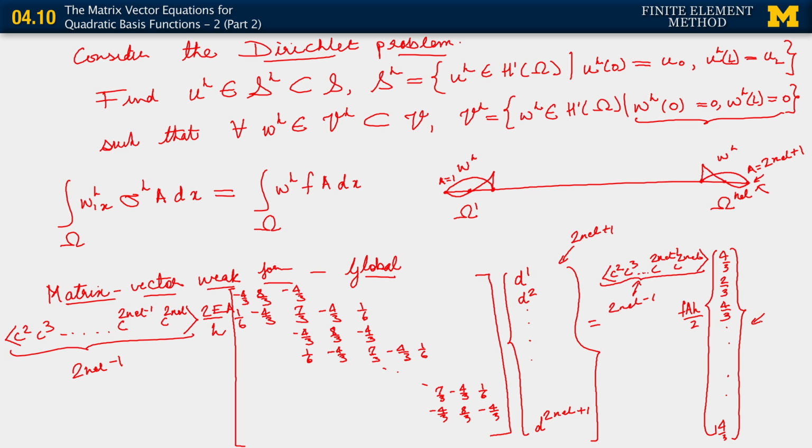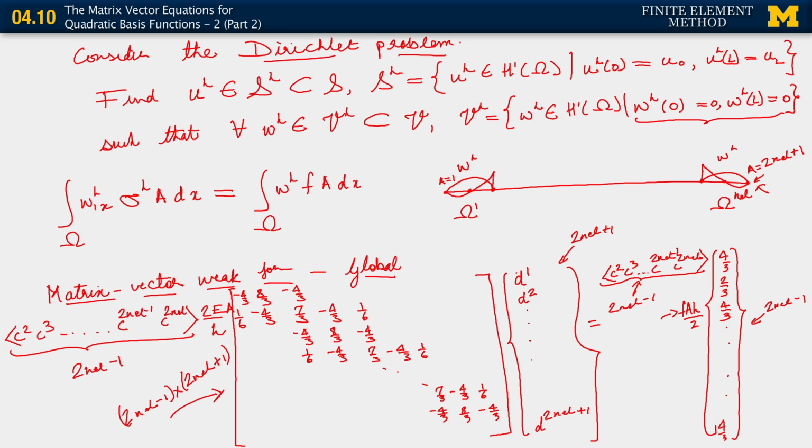The forcing vector now arises only from the distributed forcing, which we are assuming to be uniformly distributed and therefore has a constant f. So this is also 2NEL minus 1 in dimension. This matrix that will eventually give rise to our stiffness matrix therefore has dimensions 2NEL minus 1 times 2NEL plus 1.